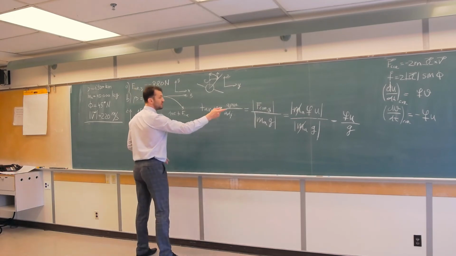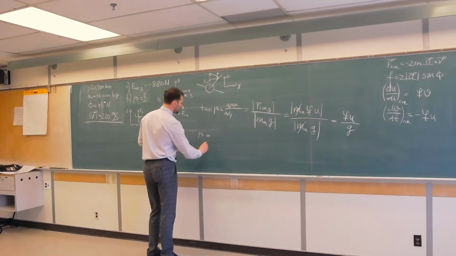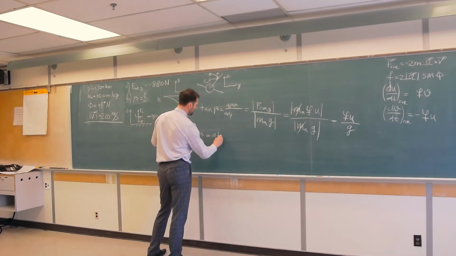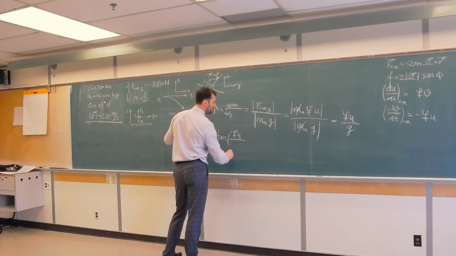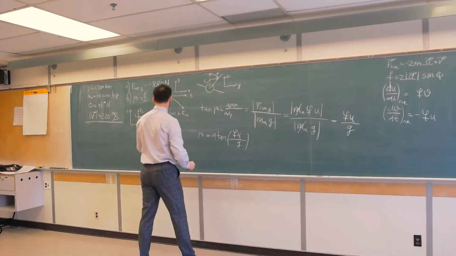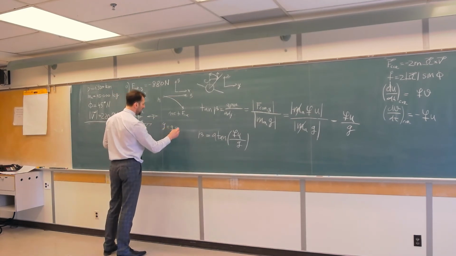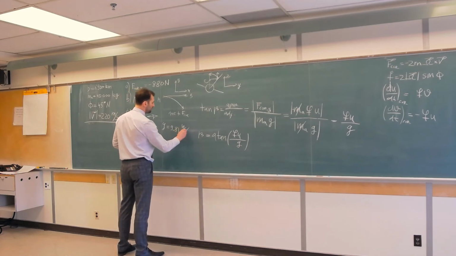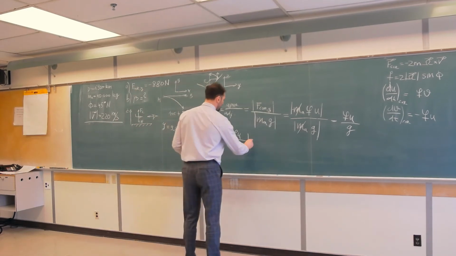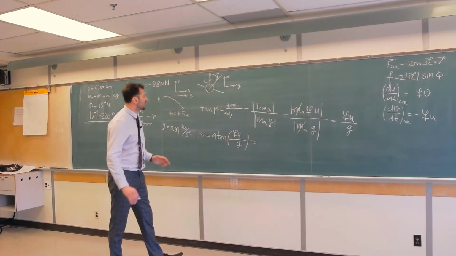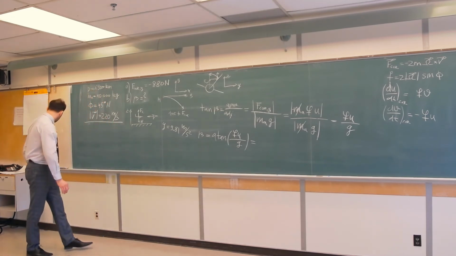But that's tangent of this angle, so the angle is therefore arctangent of Fu over g. You have to know that g is 9.8 or 9.81 meters per second squared. So if you plug in these numbers, F we already calculated a million times, so I'm not going to do it again. U is given, g I just wrote.